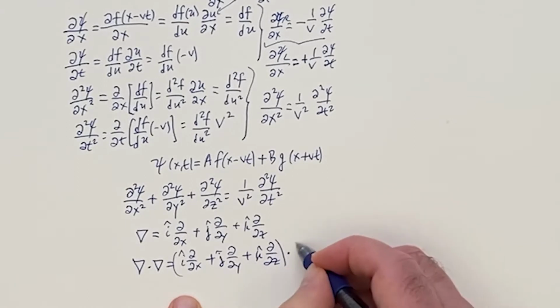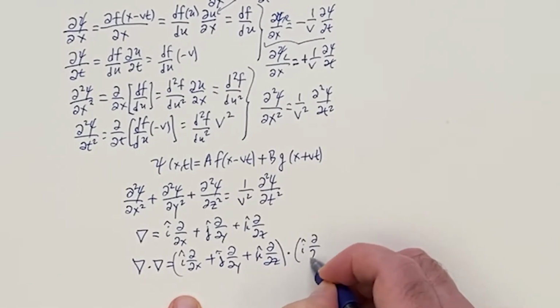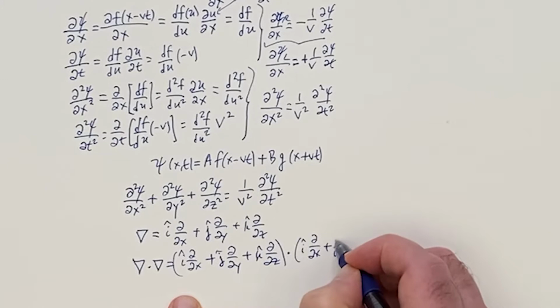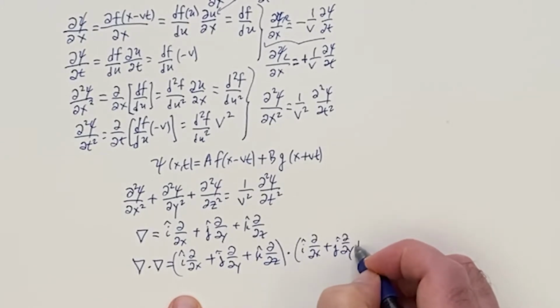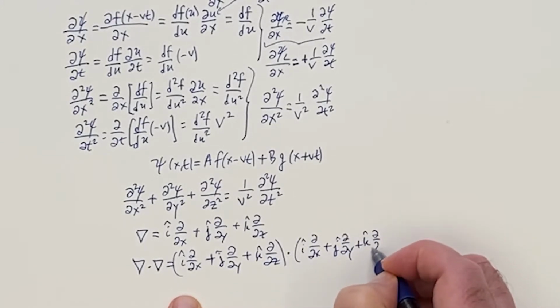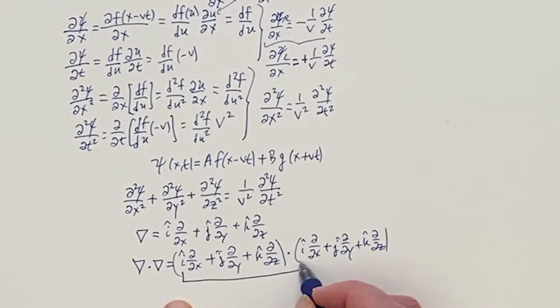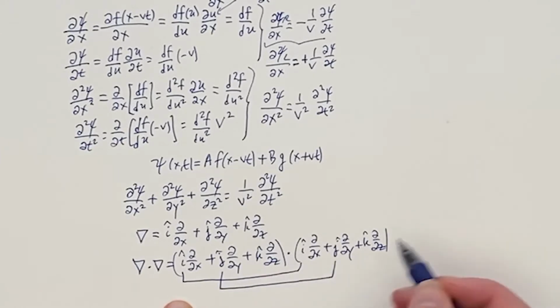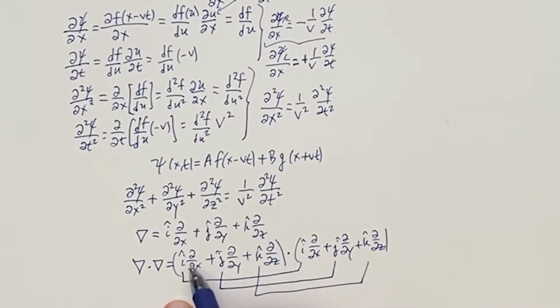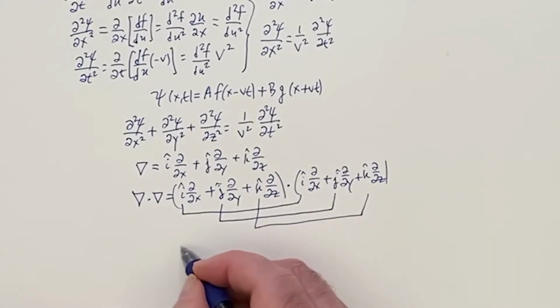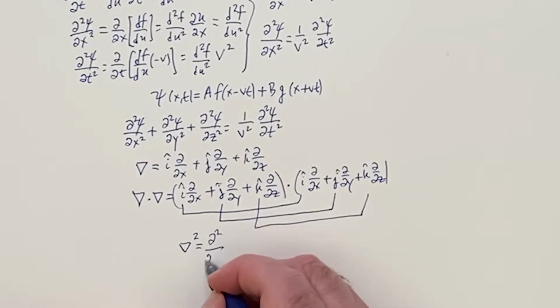And then dot, same thing, like this. You're going to get contributions with i dot i, because i dot j is 0, i dot k is 0. You'll get this one, will be a 1, and you'll get this one. But what is this? Second derivative, because i dot i is 1, so you'll just have the second derivative. So you'll basically get here the second derivative with respect to x.